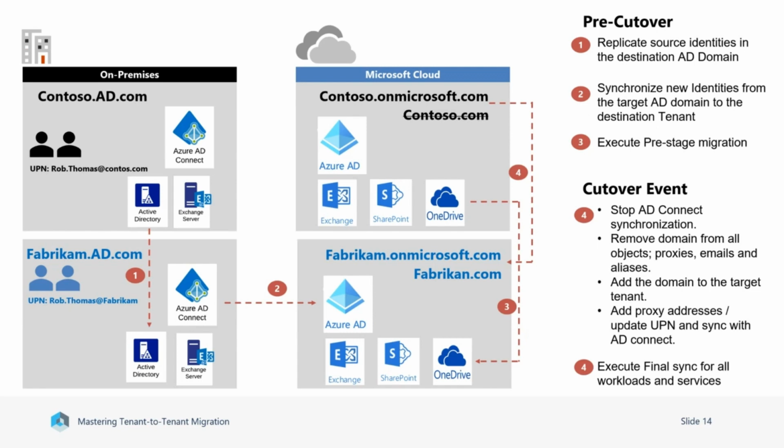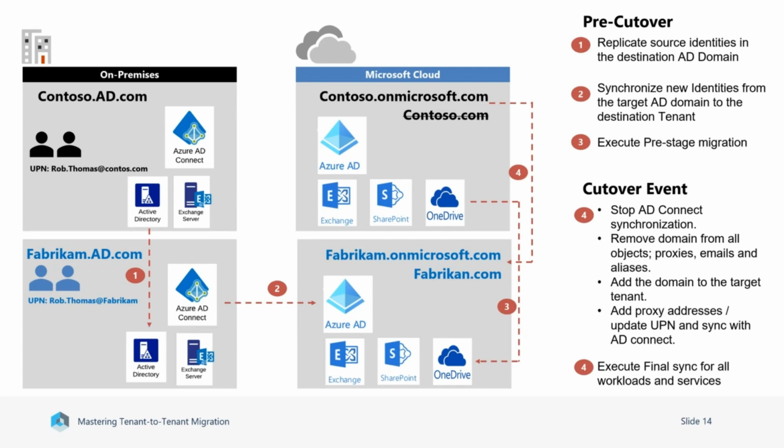Once those users have been created, we can synchronize them up from the target AD domain into the destination tenant, again using AD Connect directory synchronization. Those will then create those objects in the cloud, and then we can begin the tenant migration build out. We would apply things like licenses to the accounts so they've got the services ready. We would be doing all sorts of remediation tasks, mailbox permissions, for example.